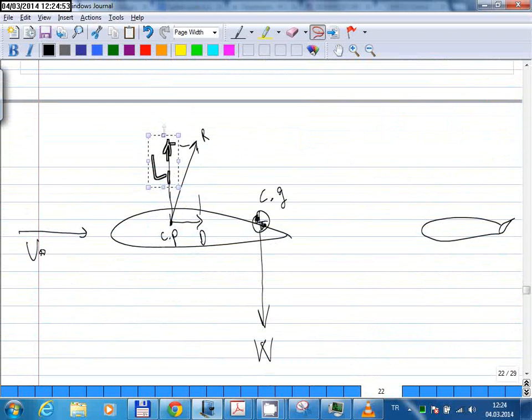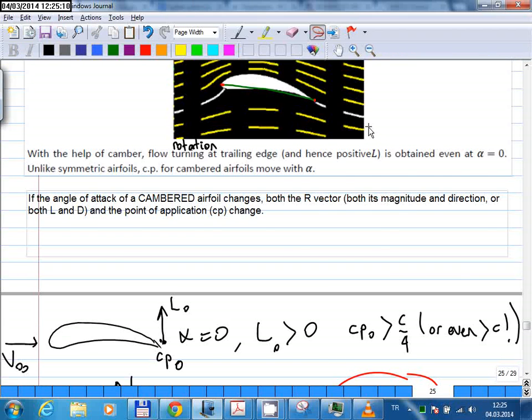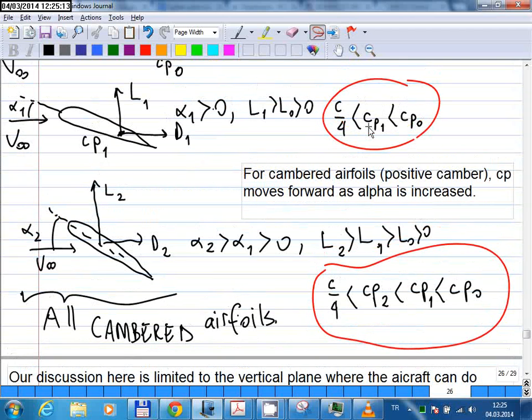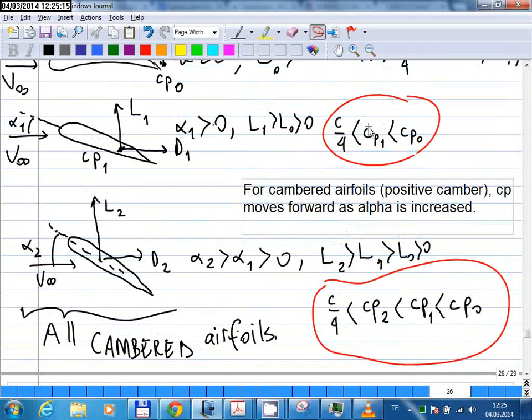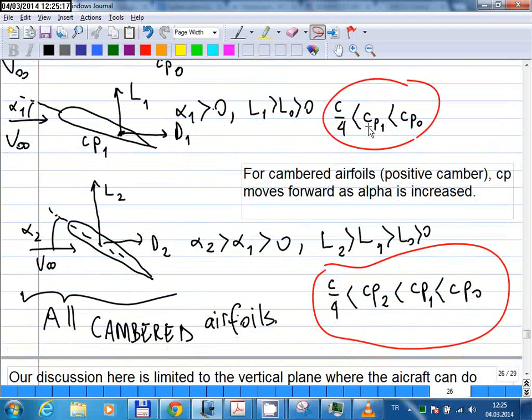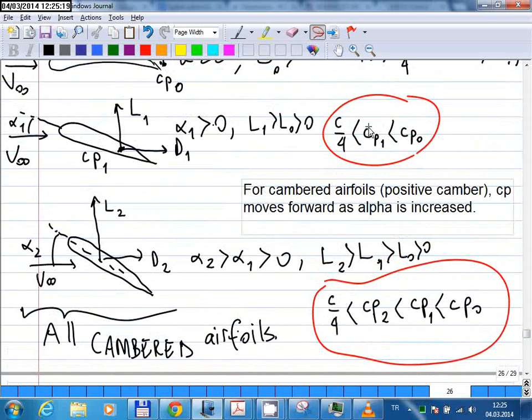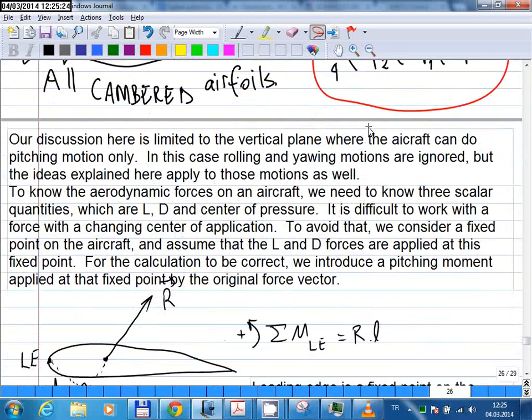You know that your lift force should be strong enough to balance the weight, but if the center of pressure keeps changing, then you need to know that, so that you will need to balance that here. And while for symmetric airfoil, center of pressure is more or less fixed at the quarter-chord point, for cambered airfoils that's not the case. For cambered airfoils, as the angle of attack changes, the center of pressure changes as well.